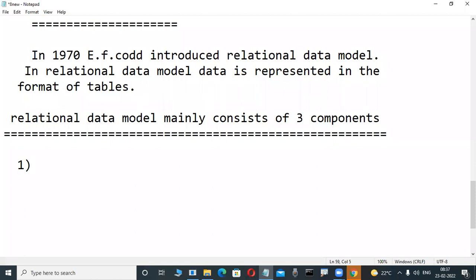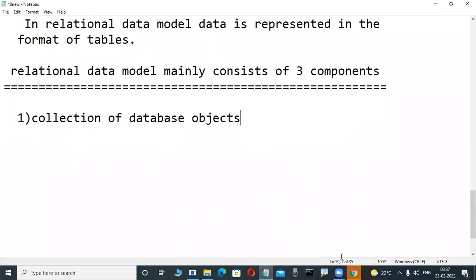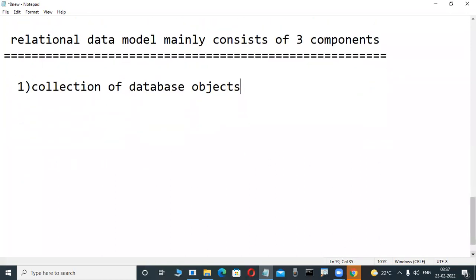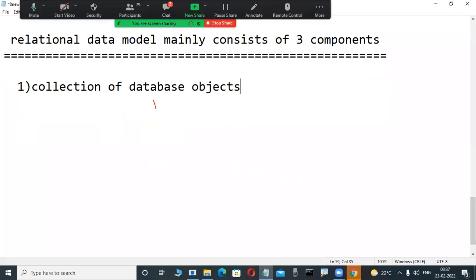The first one is the easiest concept: a collection of database objects. What does a collection of database objects mean? Suppose I take an example of relational data model products. In the future you will learn Oracle, a relational data model product from Oracle Corporation.